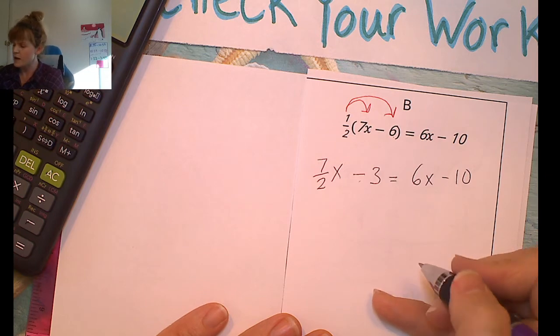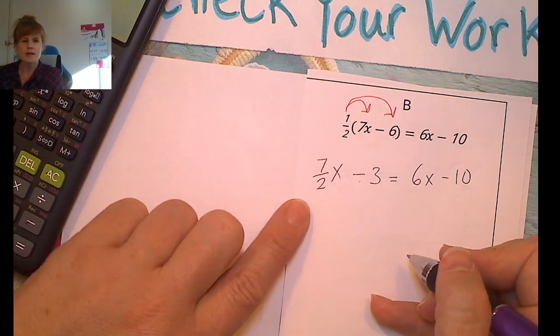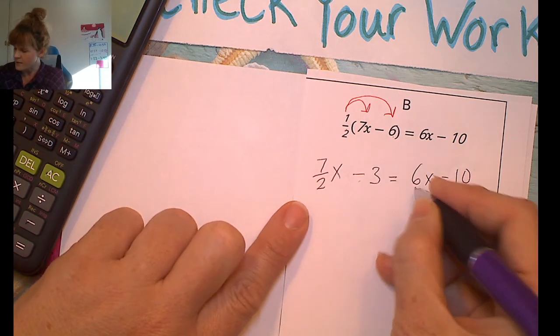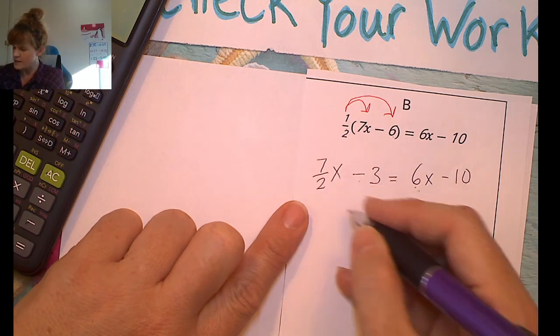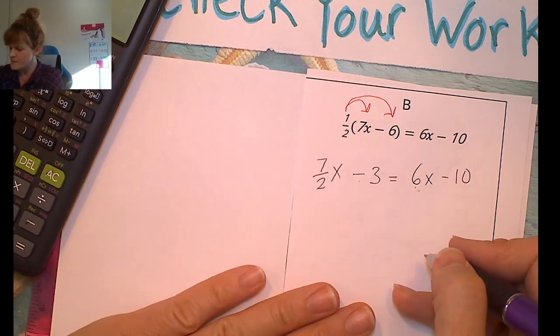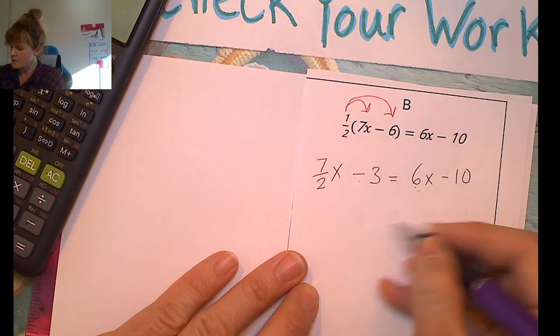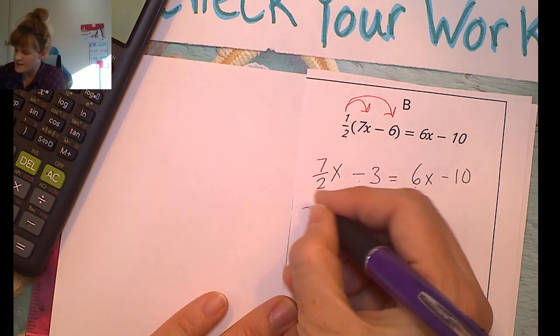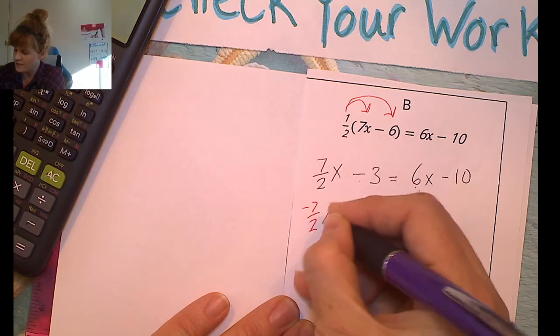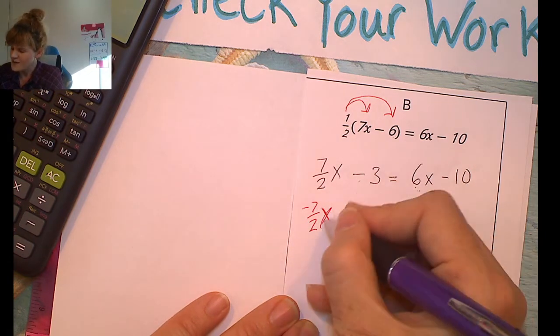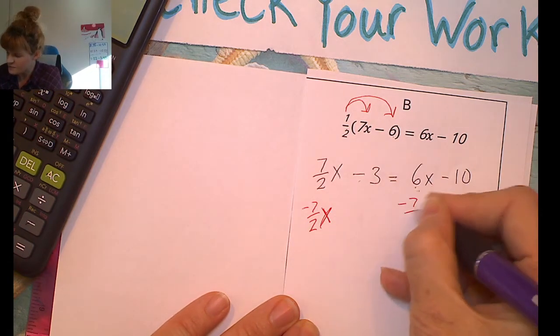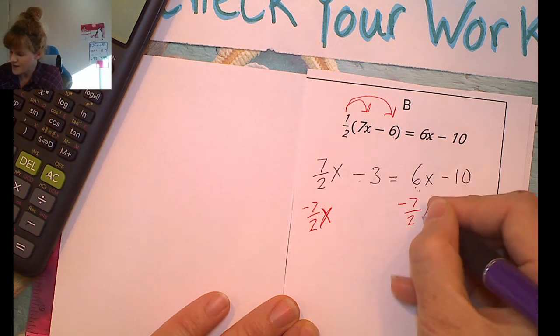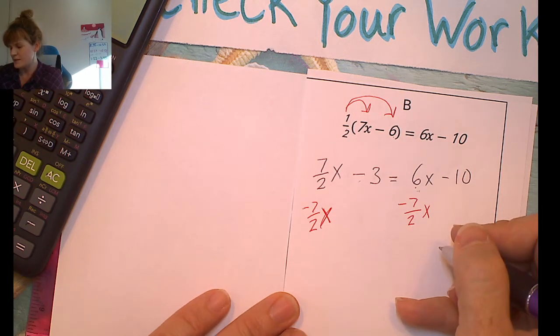Okay, let's keep going. I want to combine like terms. So let me get this 6x and 7/2x combined. I think I'll go this way. What I mean by that is I'll subtract 7/2 x from the left side, and I'll subtract 7/2 x from the right side.